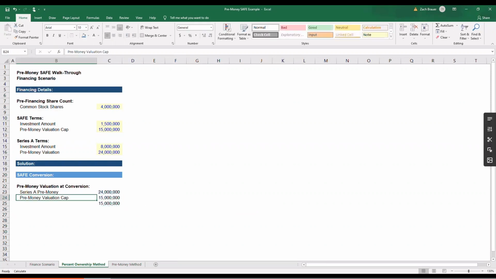The next thing that we're going to do is calculate what the share price would be for the converting safes if we use the pre-money valuation based on the cap here.